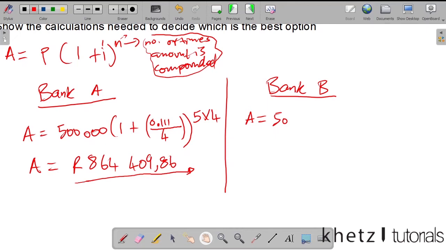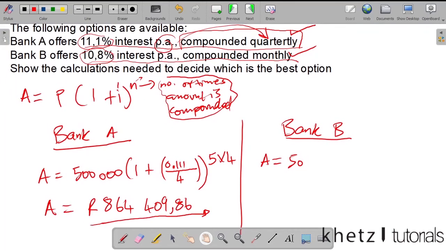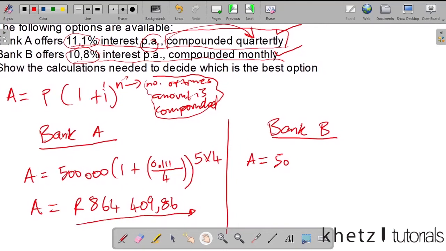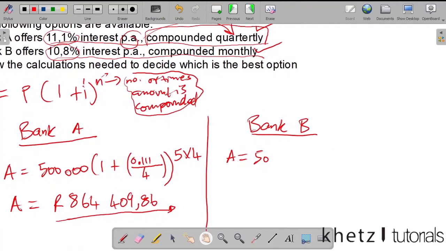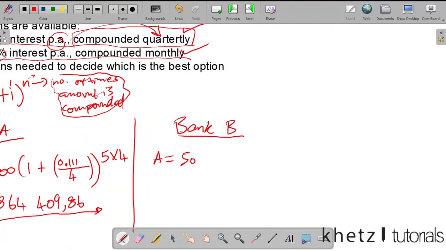Now for bank B, it offers 10.8% interest per annum compounded monthly, and we have 12 months in a year. So you have 500,000 rands, you have 1 plus this I, which is 10.8 and can be translated by dividing by 100. Then you divide by the compounding period, which is 12, since it's monthly.